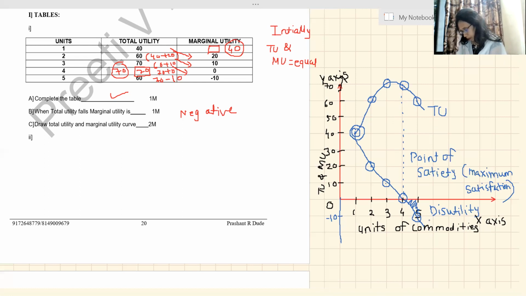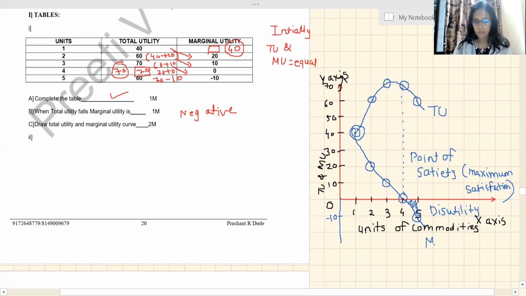We have not labeled the MU curve properly. Label it MU curve. This is TU curve.